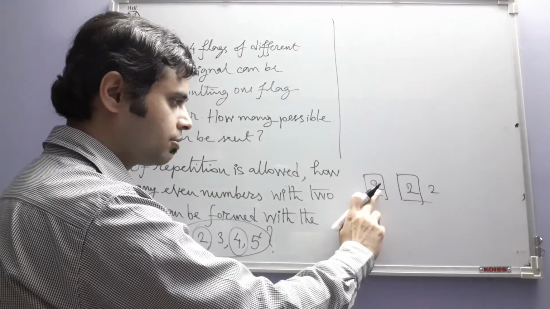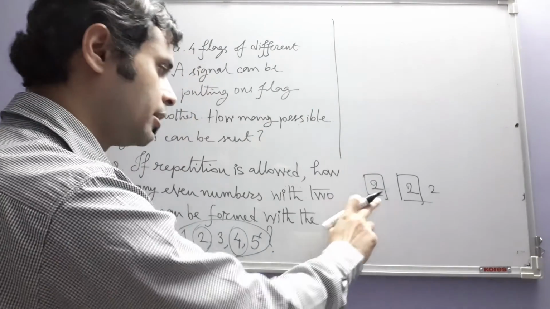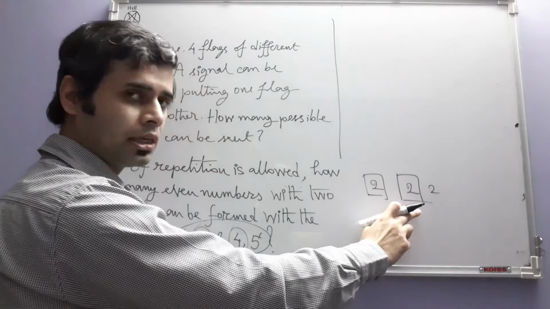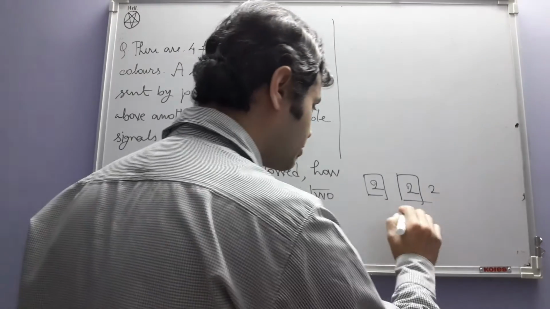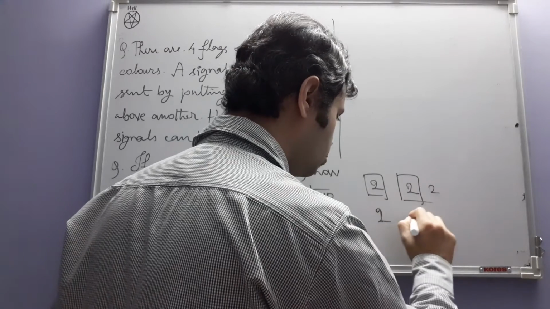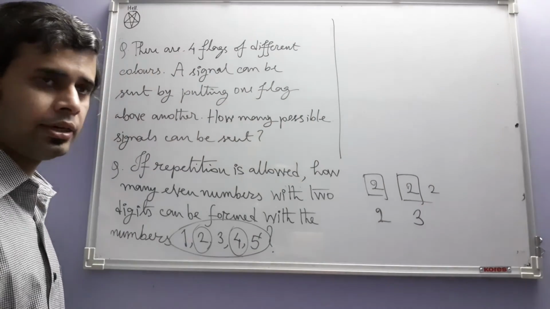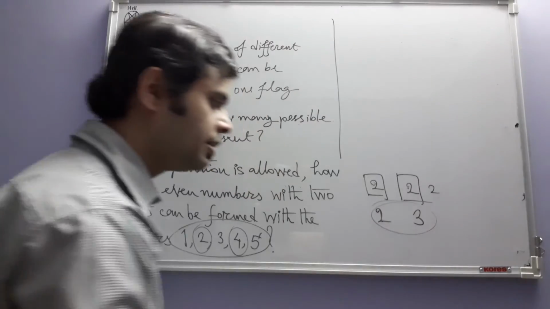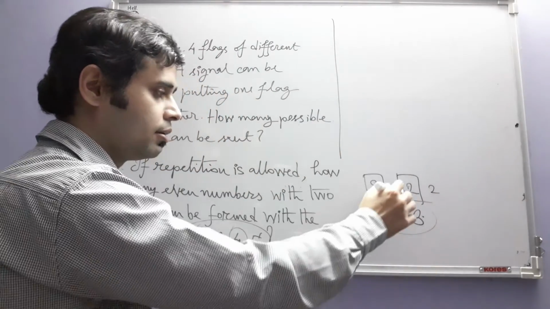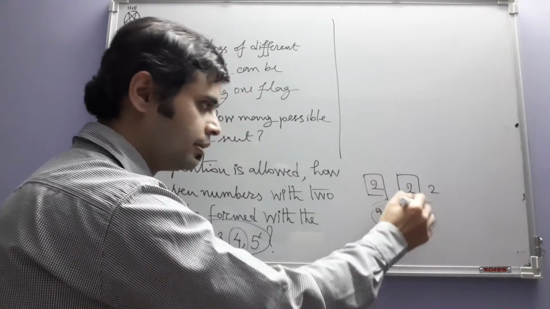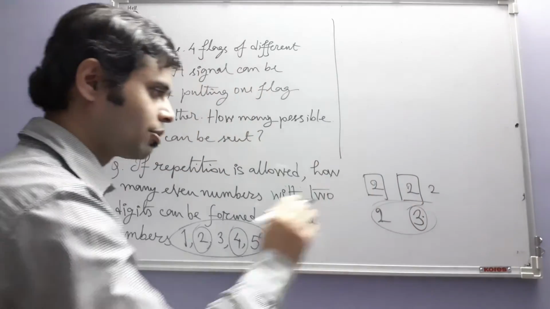So I can write 2 here, I can write 4 also here, in spite of having say 4 here. That is allowed. But I cannot write say 2, 3. I cannot write, because this is not an even integer. This place should not have any odd digit. It can have either 2 or 4.